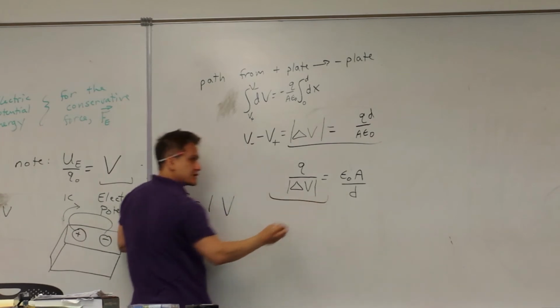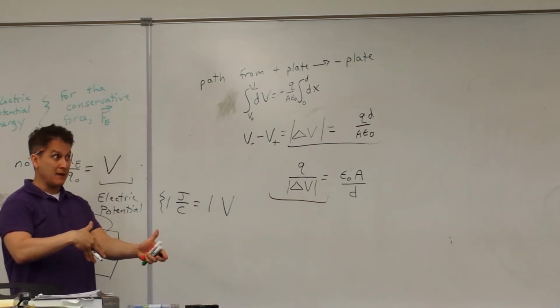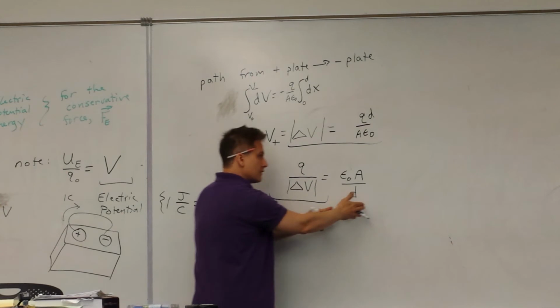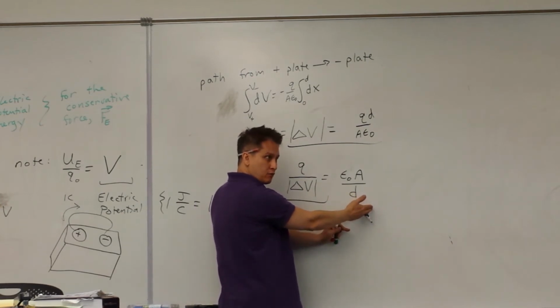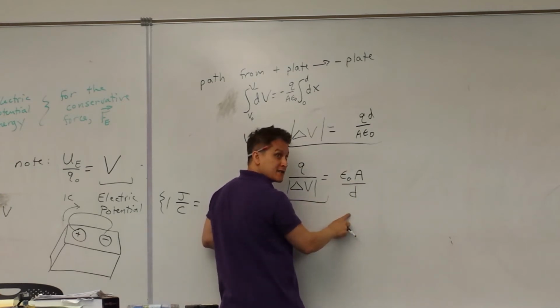In other words, these are the things that can change by separation of charge, by manipulation. These are the physical properties of this system. The cool thing is, this is all constant.